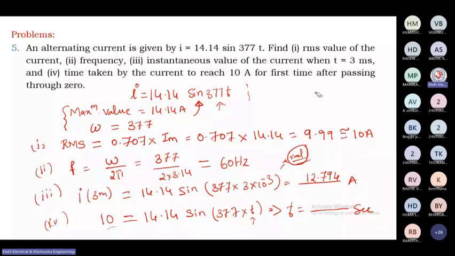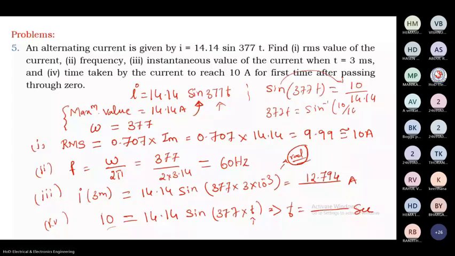So sine 377t is equals to 10 divided by 14.14. So when you move this sine this side, 377t will be sine inverse 10 divided by 14.14. So once you find this, t is equals to that entire value divided by 377.